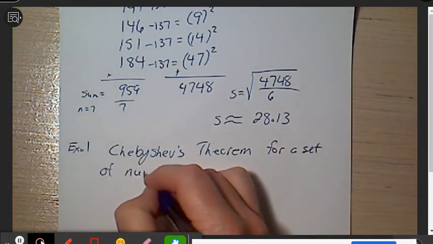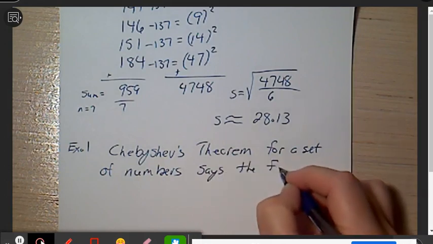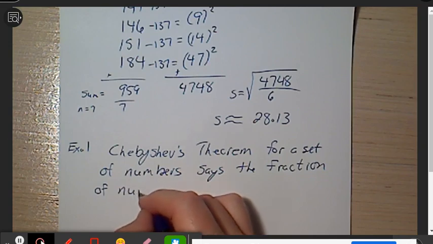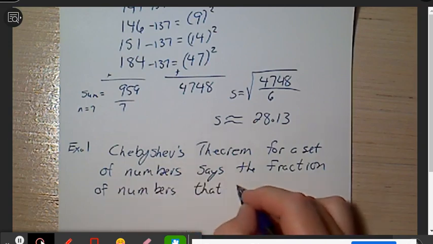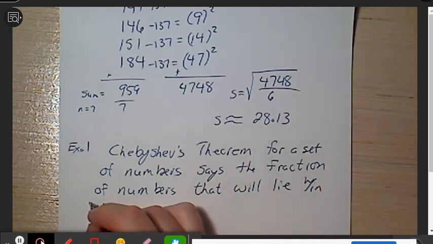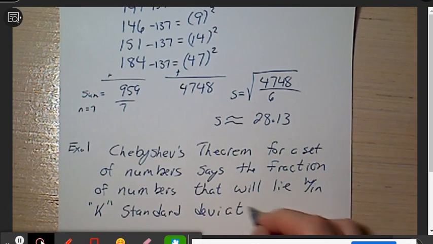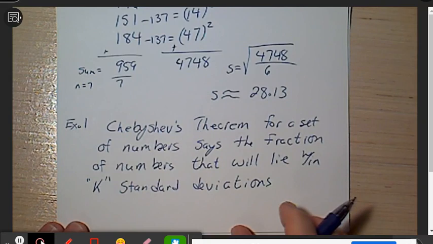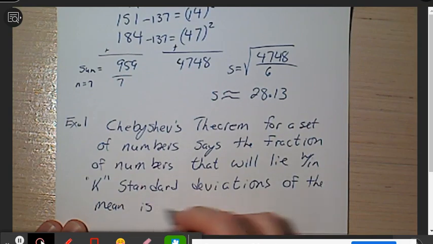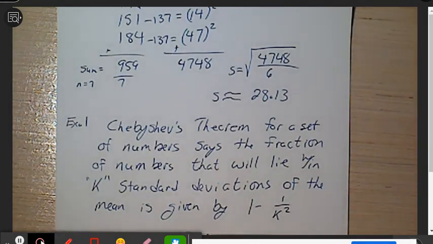For a set of numbers, it says the fraction of numbers that will lie within k standard deviations of the mean is given by, and this is the one formula that you always come back to, 1 minus 1 over k squared.